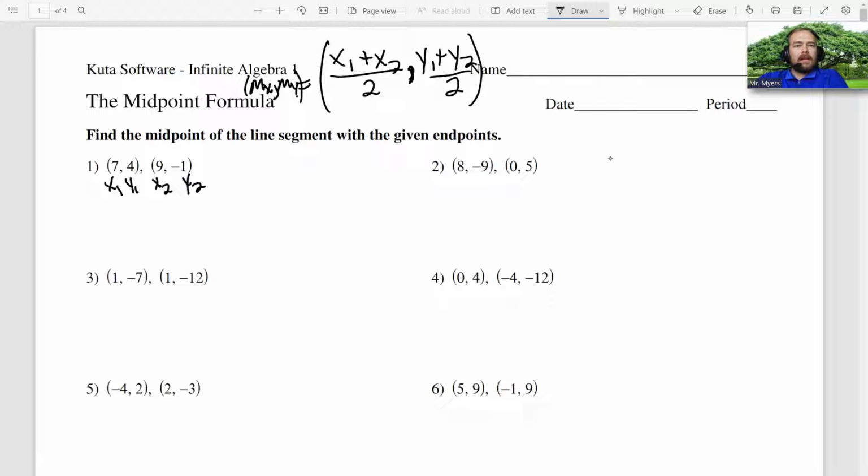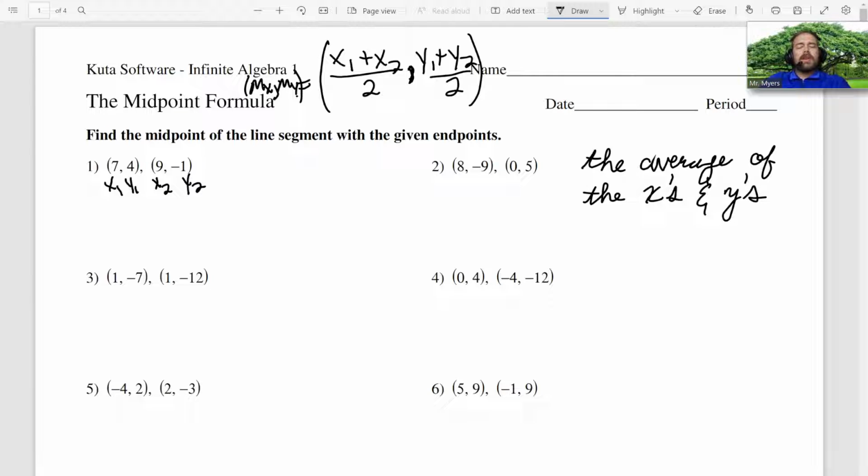But basically the midpoint formula is, are you ready? It's the average of the x's and y's.